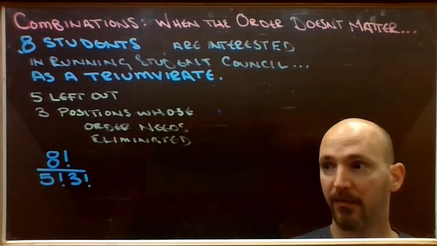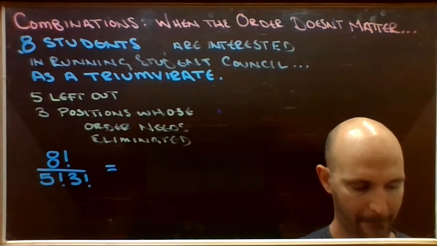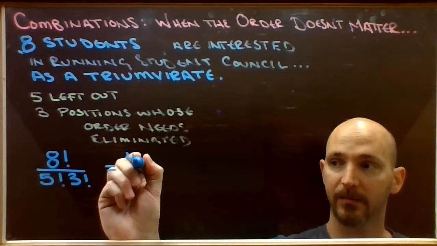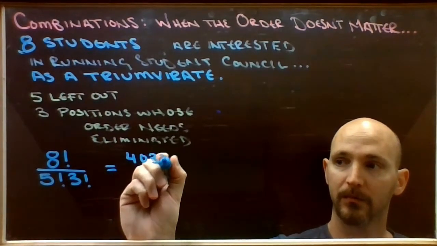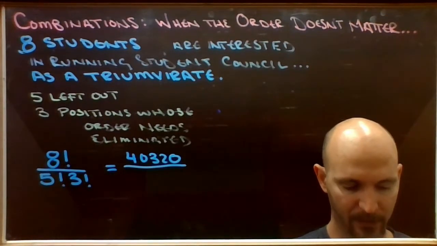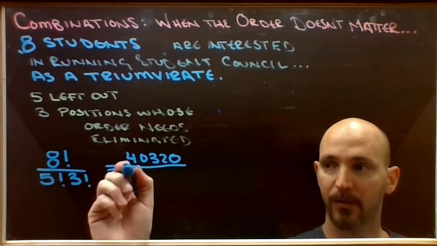So, if I grab a calculator and I try 8 factorial, I get 40,320. And if I do 5 factorial, I get 120.